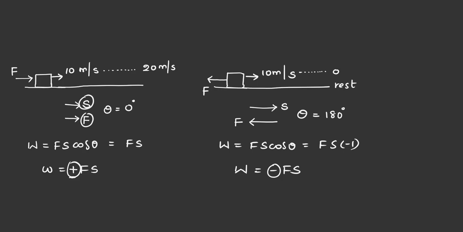Let us understand. When the force is acting in the direction of motion, the velocity of the body increased. That's why this work done is positive. So the work done by a force which is acting in the direction of motion is called positive work.